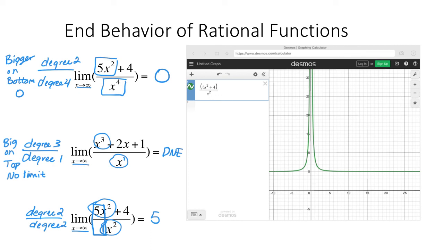If the degree is bigger on the bottom, the limit is always 0. If the degree is bigger on top, then there is no limit. And if the degrees are the same, you just divide the coefficients of the leading terms, and that will give you your limit value. So 3 different cases of what to do: bigger on bottom, bigger on top, and when they're the same.